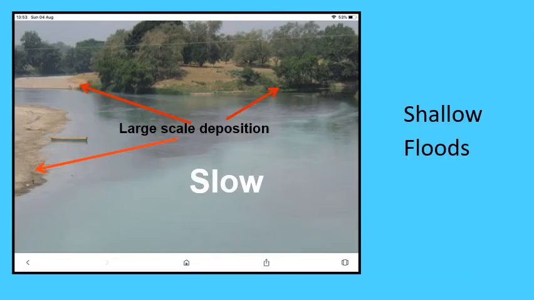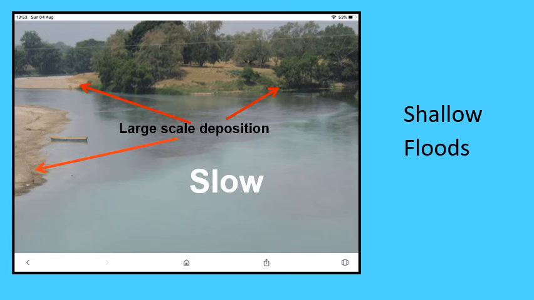Now, because this river is flowing slow, it's old, it's got no energy. Therefore, it cannot carry its heavy load. This old river is full of suspension. It's full of sand, it's full of mud, and it doesn't have the energy to carry this load any longer.